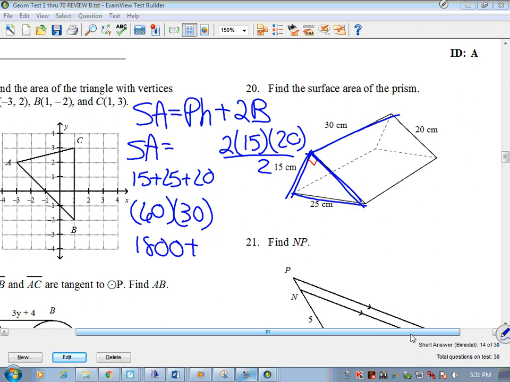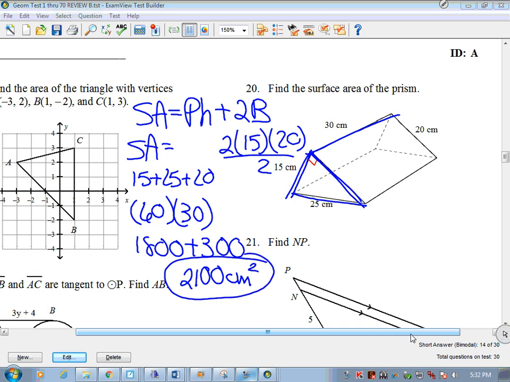If we divide by 2 for just the area, we would get 150, and we end up multiplying it by 2 again, and we'd get 300. So we're going to get 1800 plus 300, which in our case is 2100 centimeters squared.